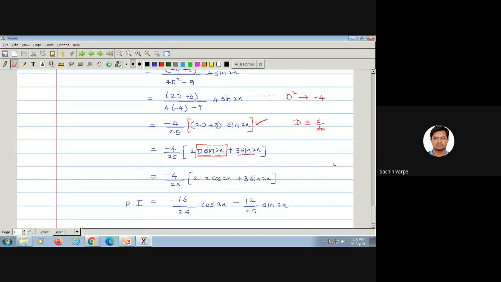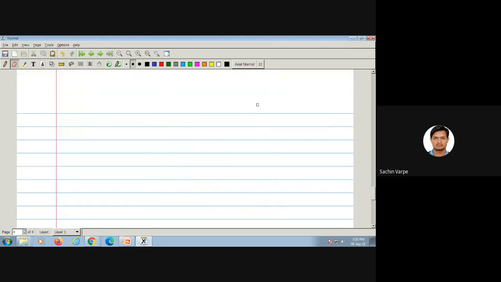Write the next one. D square plus 1 times y equal to sin x into sin 2x. Next question. D square plus 1 times y is equal to sin x into sin of 2x.